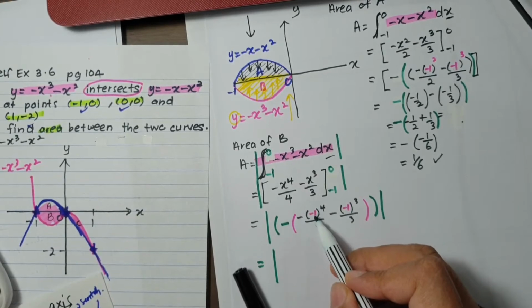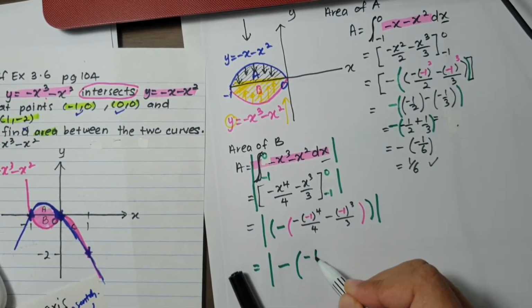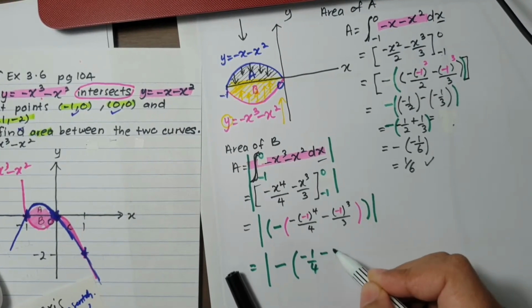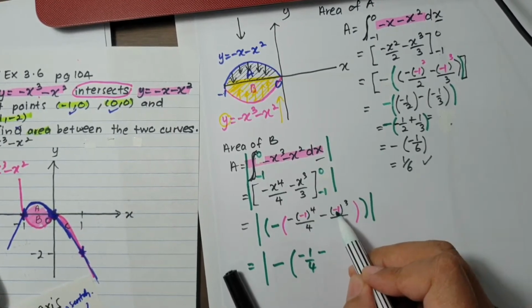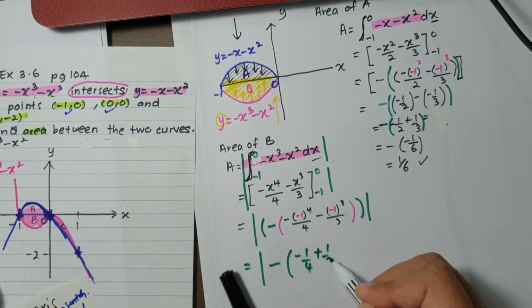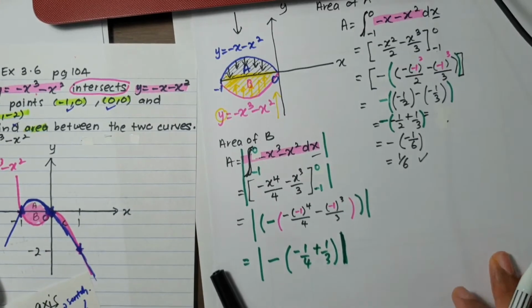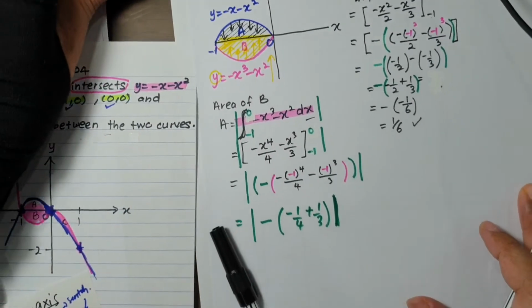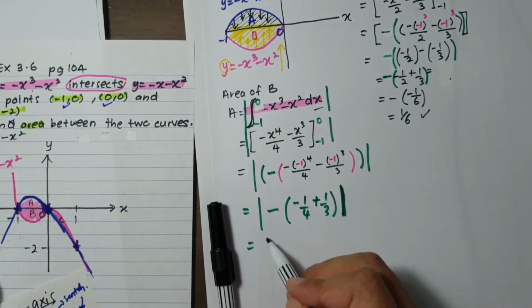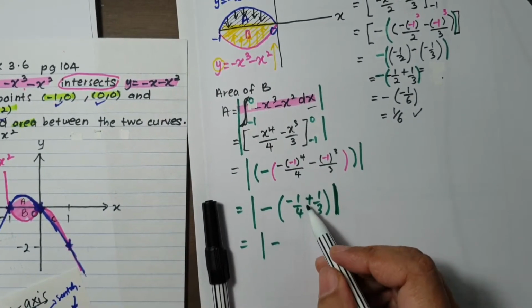-1 power 4 is positive 1/4, so become -1/4 minus this one, -1 cube is -1/3, so plus 1/3. Modulus sign. Then this one become -3 plus 1.